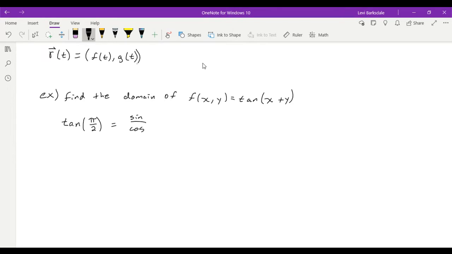So we know that we can't have pi over 2, or really any multiple of pi over 2. We can't have pi over 2 plus any k pi, where k is an integer. Well, in order to find the domain, we simply say x plus y, this inside portion of our tangent, is not allowed to be equal to pi over 2 plus k pi, but everything else would be allowed.